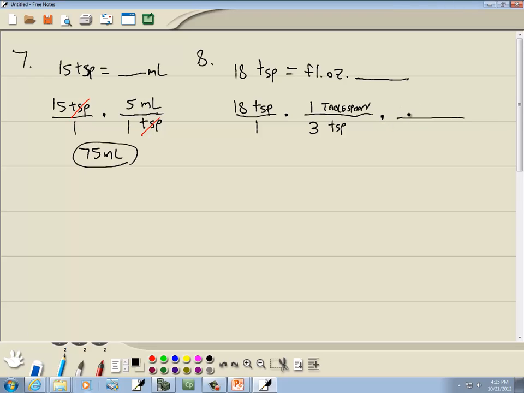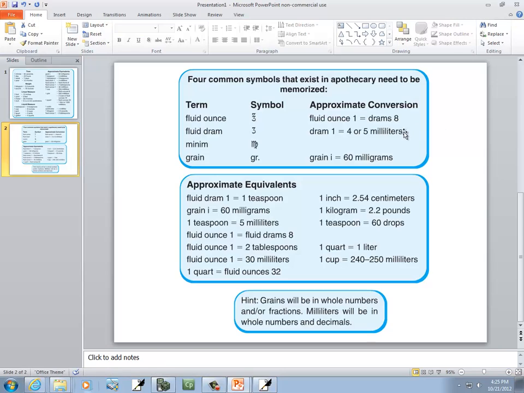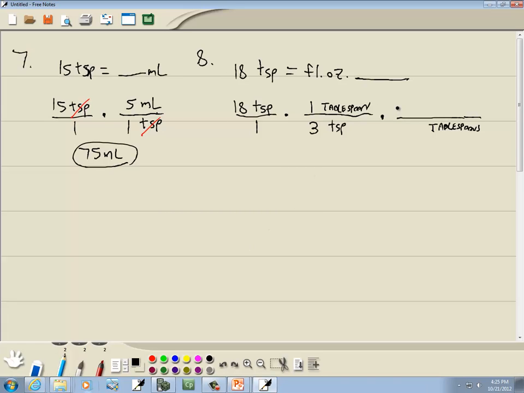Again, dimensional analysis says if that's tablespoons there, then this has to be tablespoons down here. And what do we say? 2 tablespoons is 1 fluid ounce. So this teaspoons cancels that teaspoons.